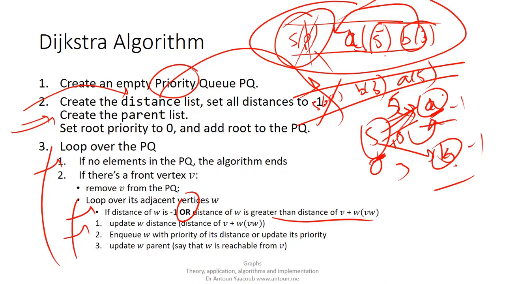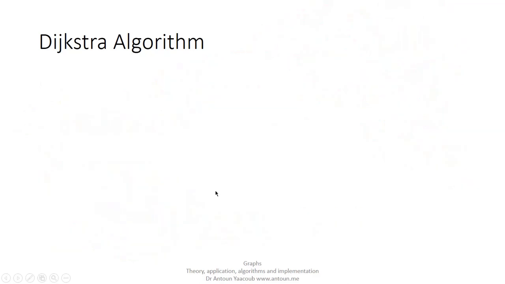Now the distance of A is equal to 5. Then I will enqueue W, the neighboring vertices, with the priority being the distance, and obviously I need to update the parent list. So this is the algorithm, and it's more convenient to do it on an example.